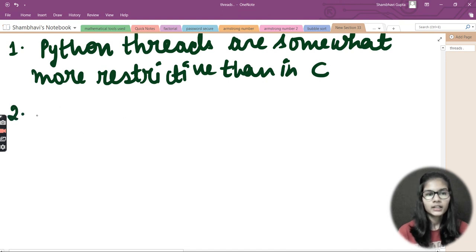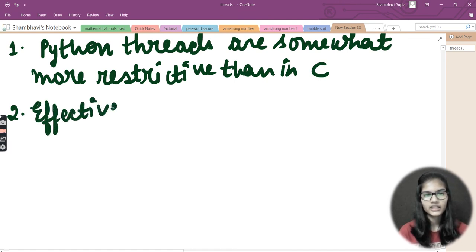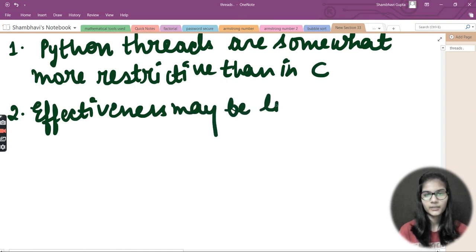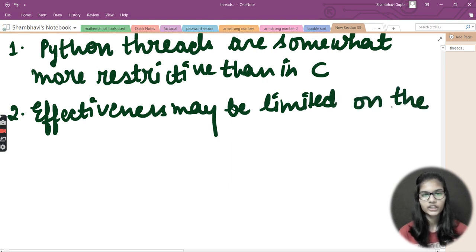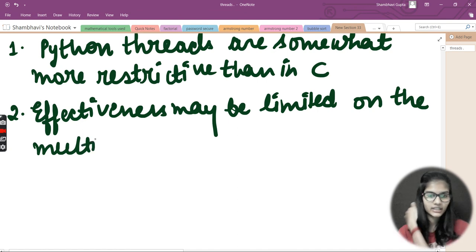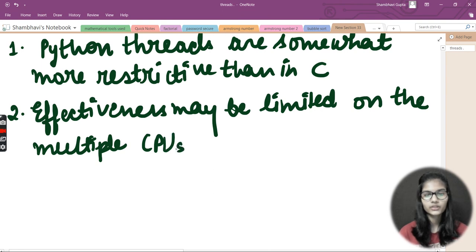The second thing is effectiveness. Effectiveness may be limited on multiple CPUs. So the effectiveness depends on what type of CPUs you actually have. And the reason it may be limited on multiple CPUs is the interpreter lock.